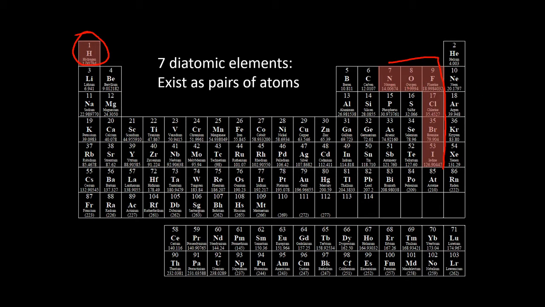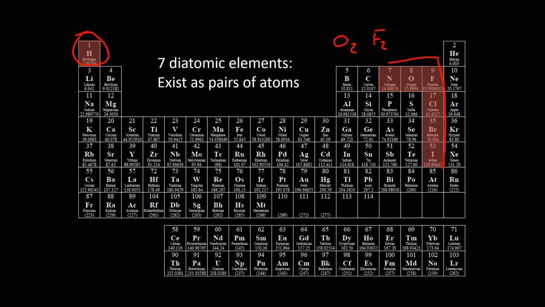So nitrogen, oxygen, fluorine, chlorine, bromine, and iodine, along with hydrogen, all 7 of those do not exist in nature as just a single atom. They're either going to be diatomic, so you might find O2 or F2, or you could find them as part of a molecule, so you could find it bonded to something else.